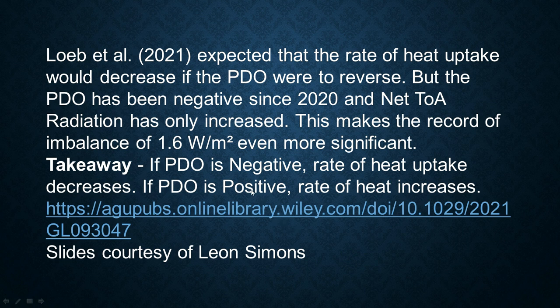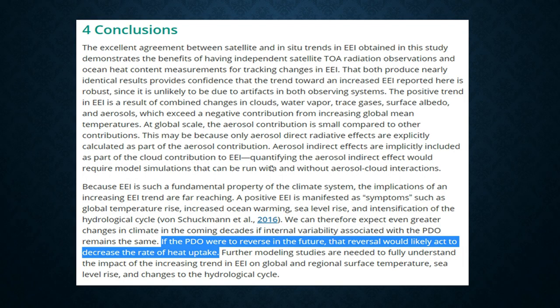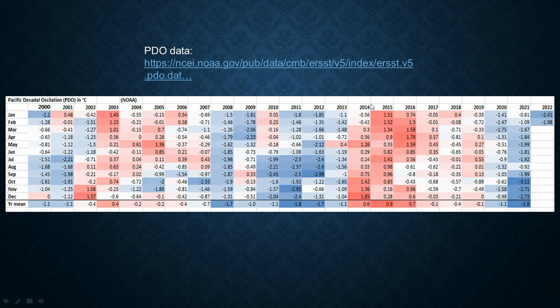Okay, so for the graphic, the data I'm going to show you, PDO being positive is red. PDO being negative is blue. Positive, heat increases. As we can see from 2014 to 2019, it was positive. Right?